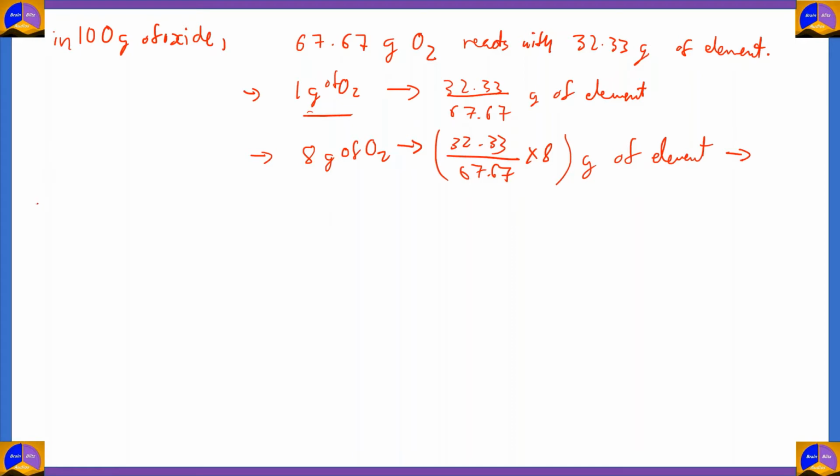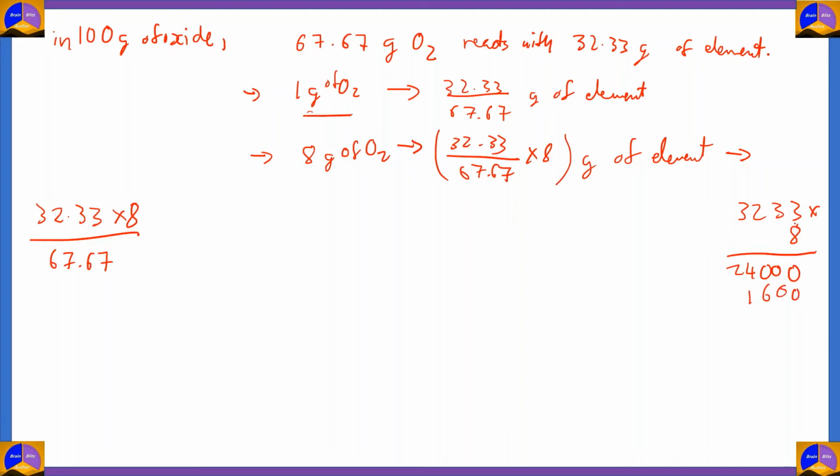So on calculating, 32.33 times 8 divided by 67.67. So 32.33 times 8, we'll do the multiplication first. So I'm going to do it from the left side. So 3 times 8 is 24. So 3,000 times 8 is 24,000. 2 times 8 is 16. 200 times 8 is 1600. 3 times 8 is 24. 30 times 8 is 240.